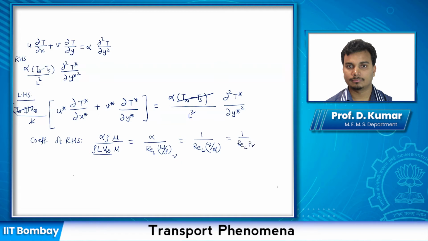Pr. So with that, our final equation looks like this: u star del T star by del x star plus v star del T star by del y star is equal to 1 by Re_L Pr del squared T star by del y star squared.